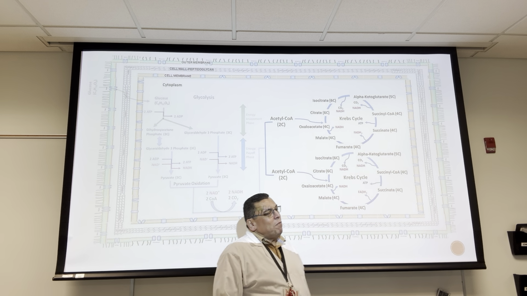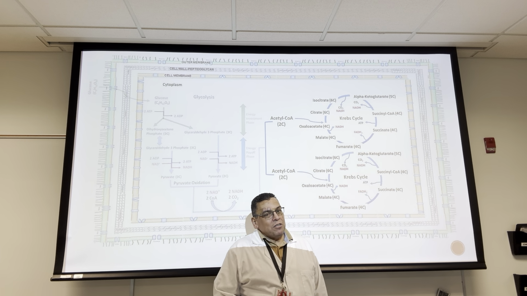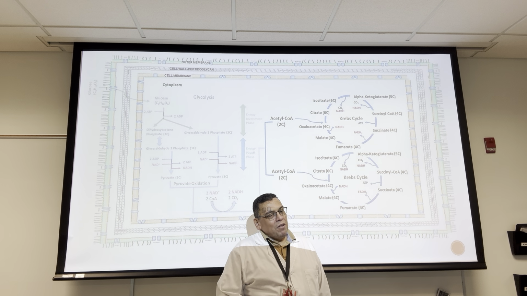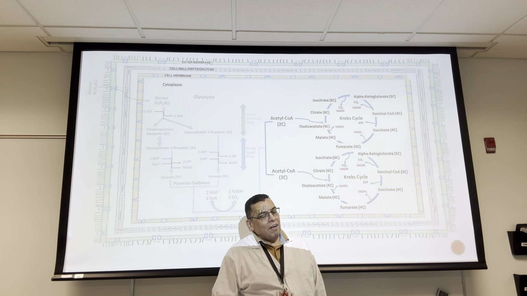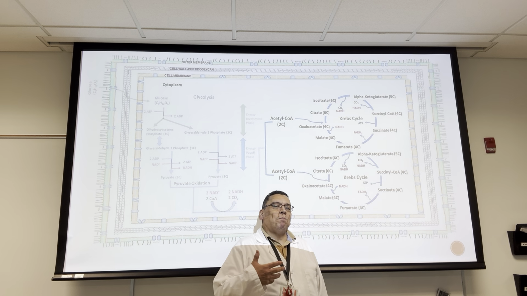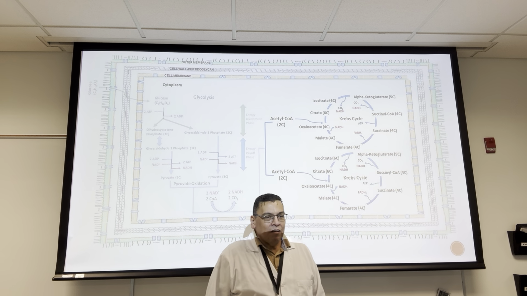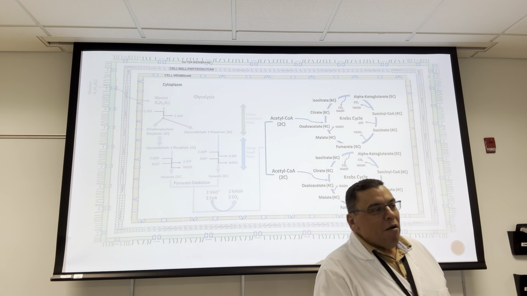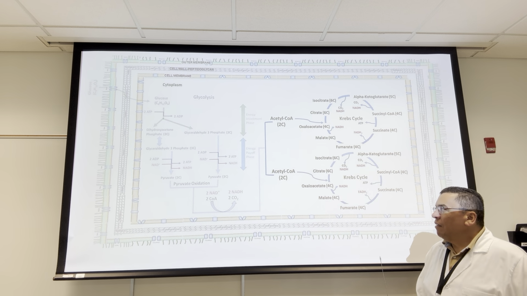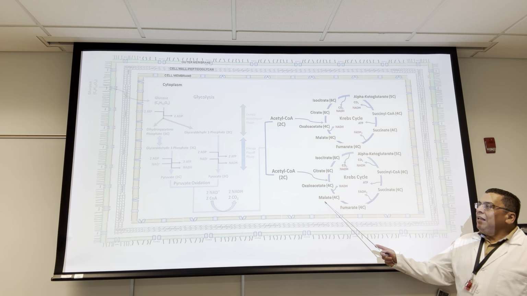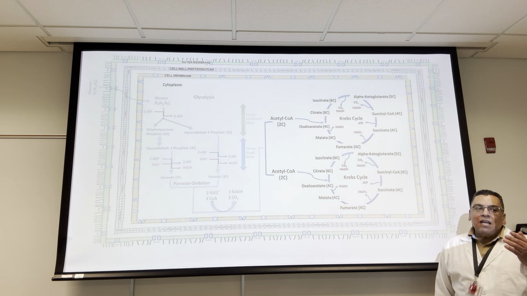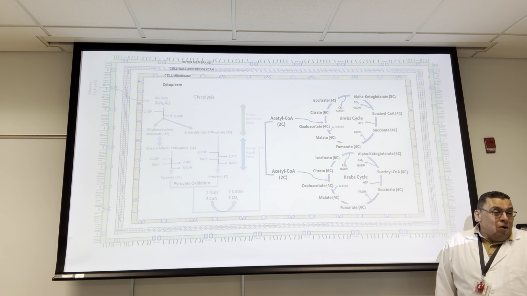Now, from fumarate to malate, my Gen Bio students, what did I tell you to remember? It's boring. Yeah, it's boring. There's nothing going on, nothing that you need to worry about. From malate to oxaloacetate, all of a sudden I remember my alphabetical order.